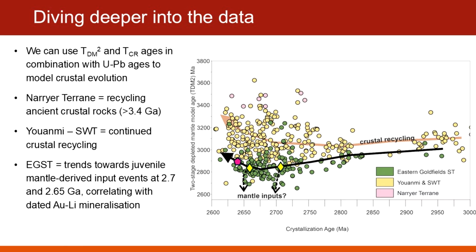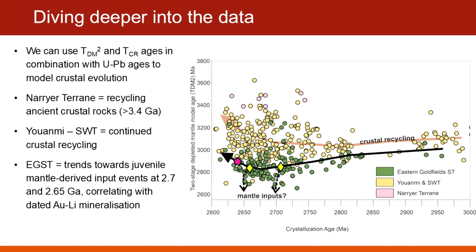It goes to more primitive compositions, and you can actually start working out little blips where it goes to much younger two-stage depleted mantle model ages at about 2.7, 2.65, which overlap nicely with the dating of gold mineralization events, and these probably represent mantle input events at this time.